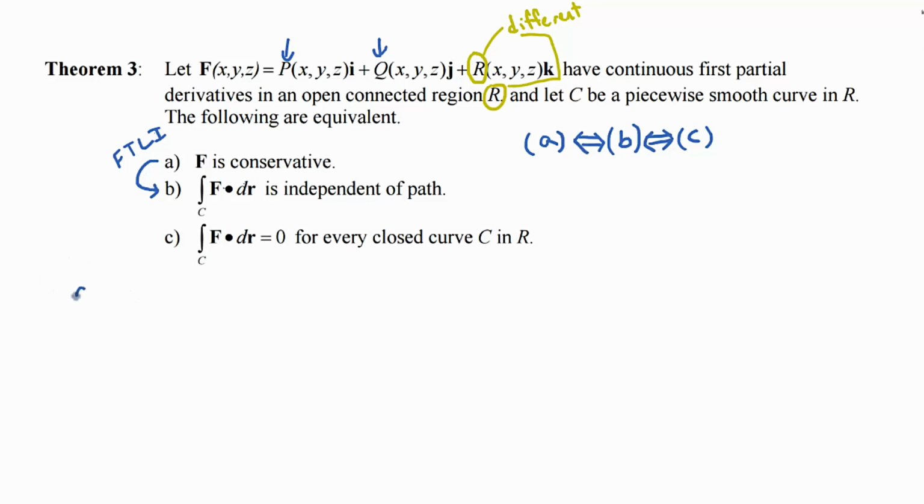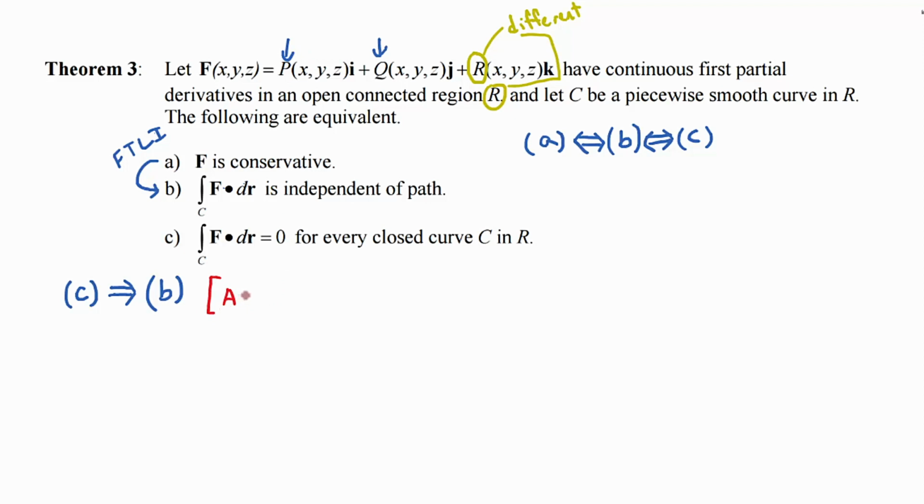Notationally, I'm going to show statement C implies, using one arrow, statement B. I'm going to show C implies B. So what can we assume is true? I'll put this in brackets because this is the assumption.